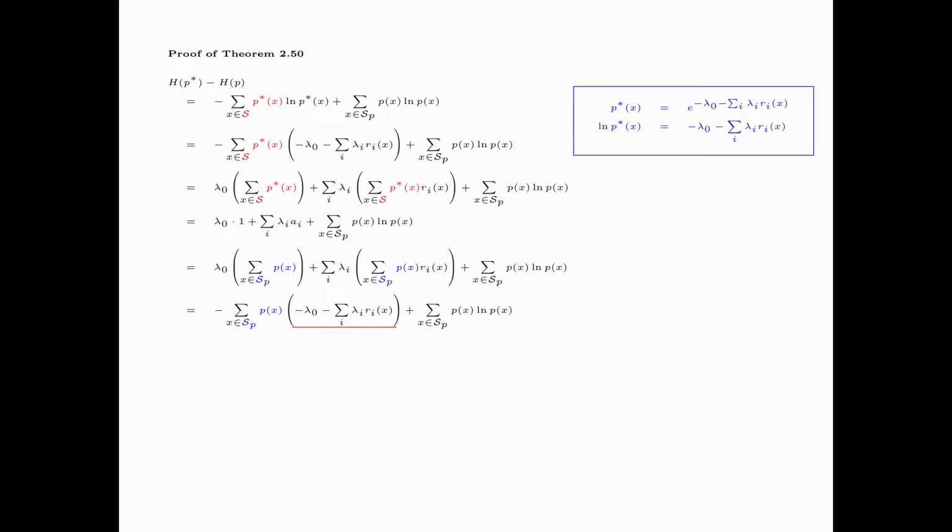Now minus lambda 0 minus summation I lambda I times Ri of x is equal to the natural logarithm of p star of x. And so we have summation x in SP, px log px divided by p star of x, which is the divergence between p and p star, and this is greater than or equal to 0. This completes the proof of the theorem.